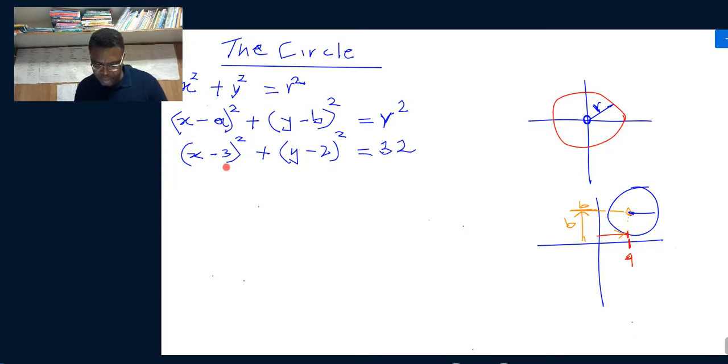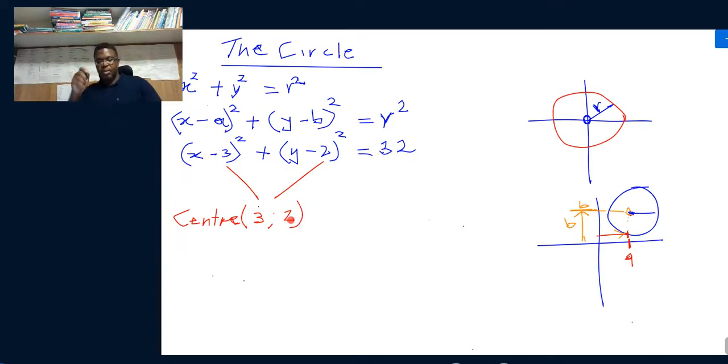It means that the coordinates for the new center of this circle are (3; 2).